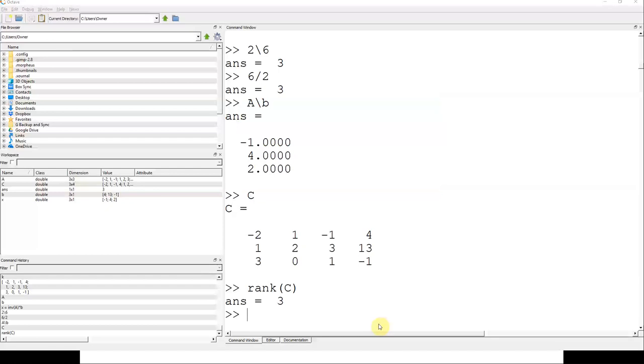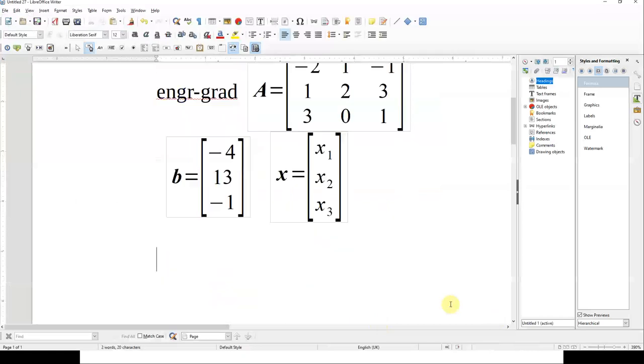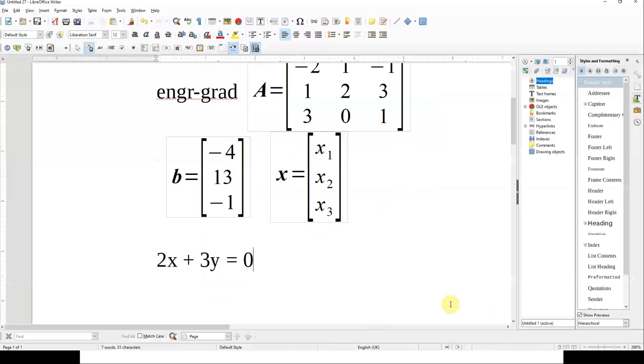Just type it here. 2x plus 3y equals 0. What's the other one? x minus y equals 4. Add the 2 equations.